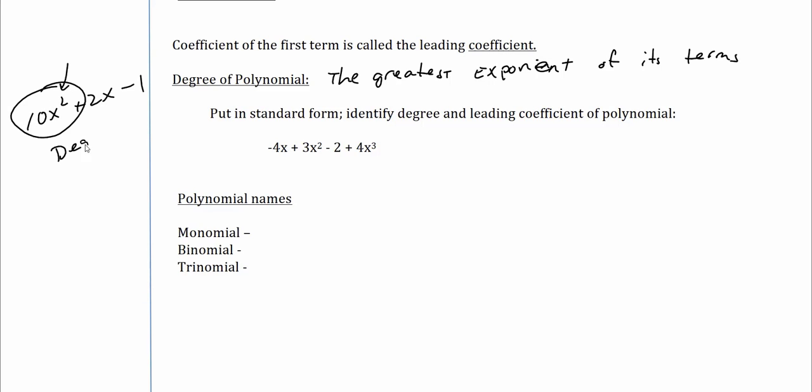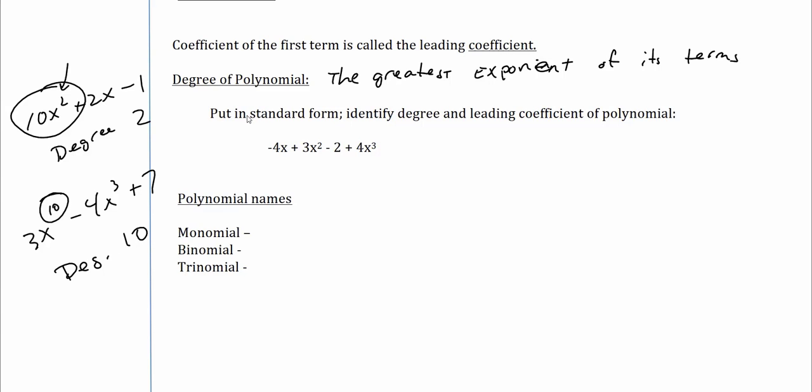If it was, for instance, 3x to the 10 minus 4x to the third plus 7, then it would be 10. So that degree would be a 10 because that's the highest.